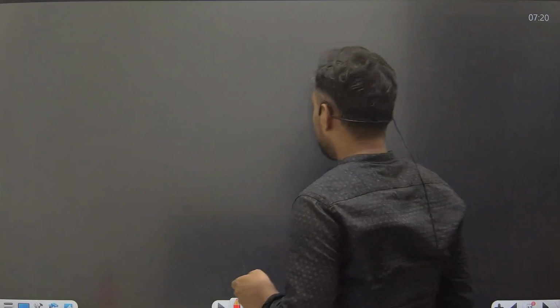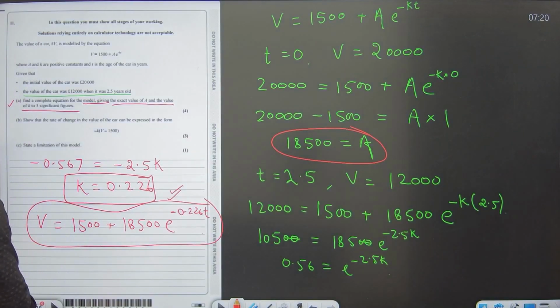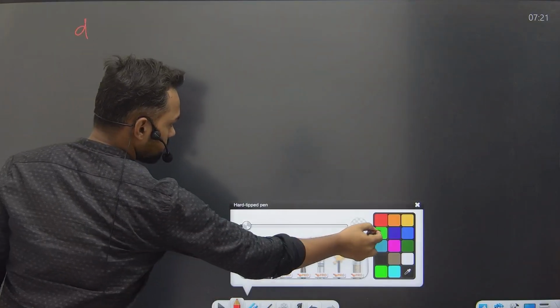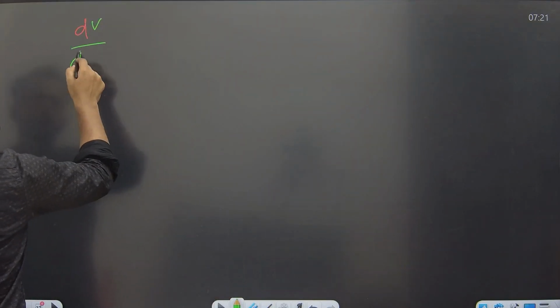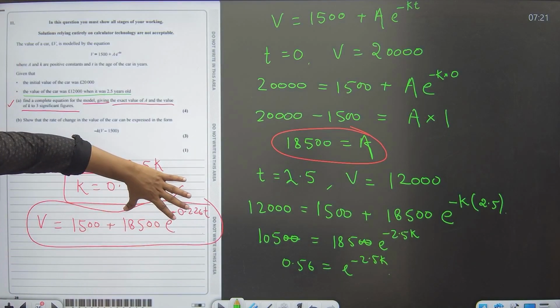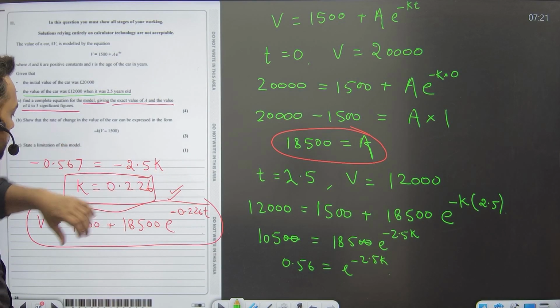We know what the rate of change will be. Rate of change will be given by dv by dt. So after differentiating this particular function, students, we will get dv by dt.